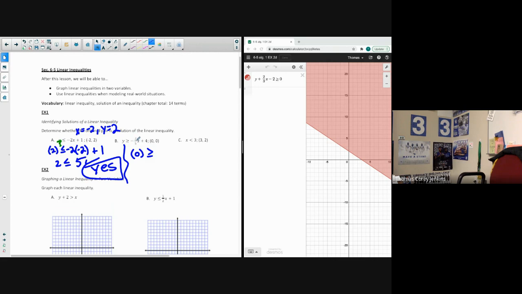It doesn't matter that it's a fraction, because anything times 0 is 0. So I just get 0 is greater than or equal to 4. Obviously 0 is not equal to 4. Is 0 greater than 4? No. So the answer to this question, is that true, is a big old no.